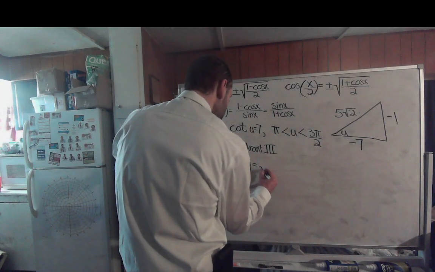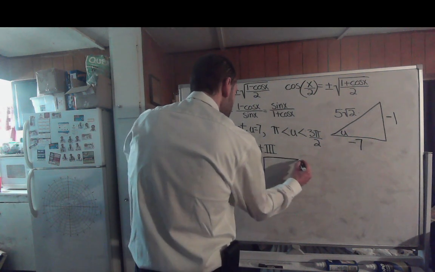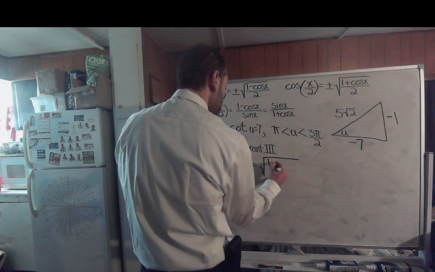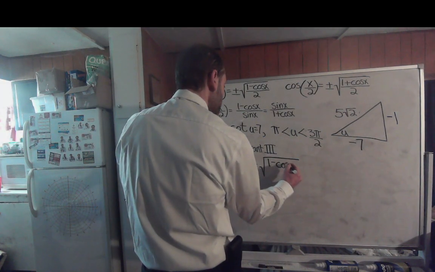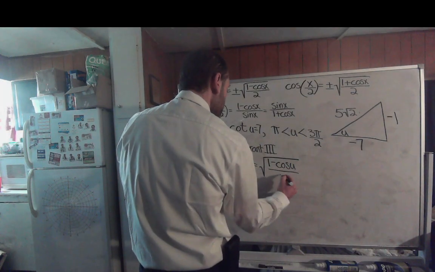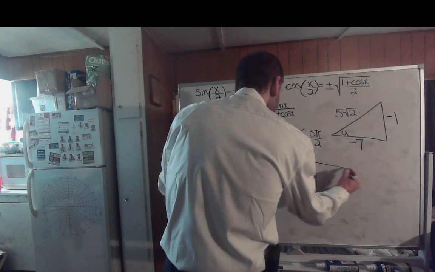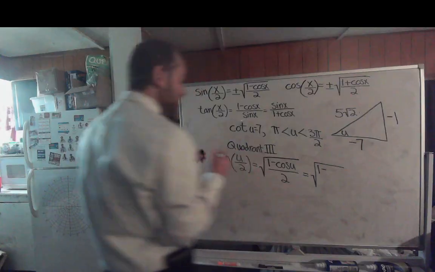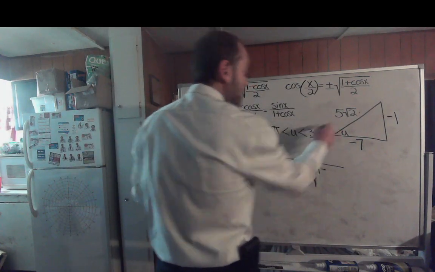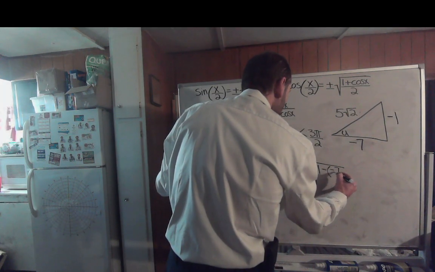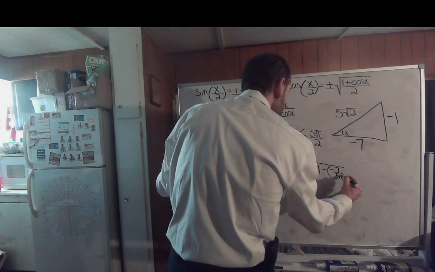So we should end up getting the positive square root of 1 minus the cosine of u, all over 2. Okay, so the positive square root of 1 now minus what is the cosine of u? That's going to be minus that negative 7 over 5 times the square root of 2.